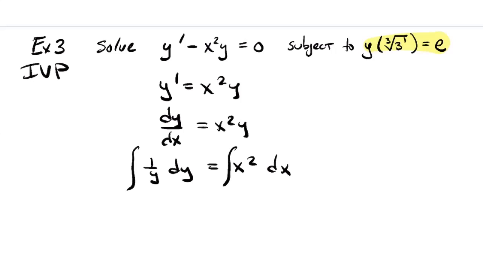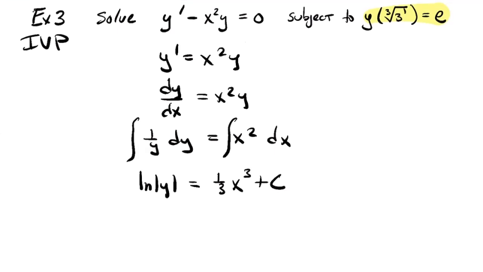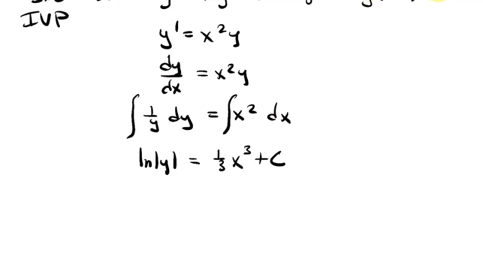Okay, antiderivative of 1 over y is log of the absolute value of y. Antiderivative of the right-hand side is 1/3 x cubed plus a constant. Okay, so if we exponentiate both sides of that, we get the absolute value of y is e to the 1/3 x cubed plus that constant.